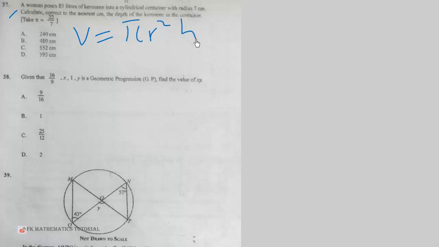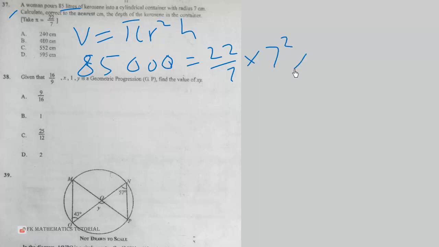So you have to convert 85 liters to cubic centimeters. That is the volume. So you have 85,000 centimeters cubed of kerosene is equal to 22/7 times r squared, which is 7 squared, times height.